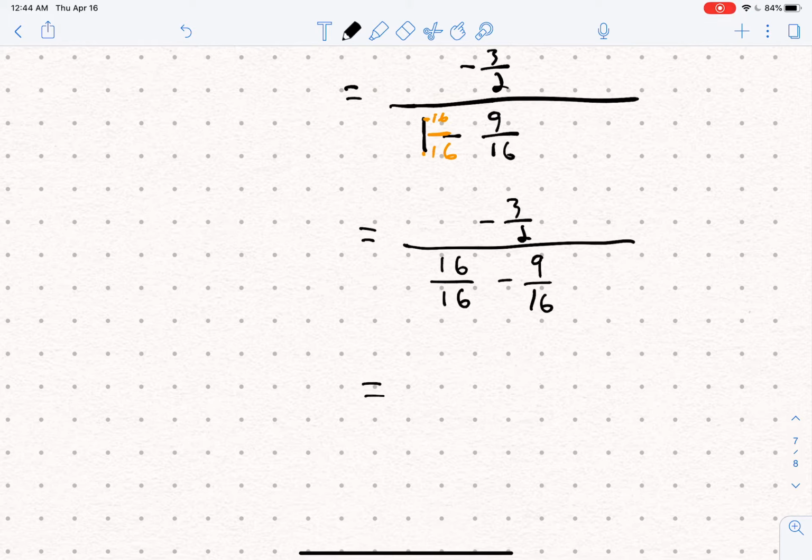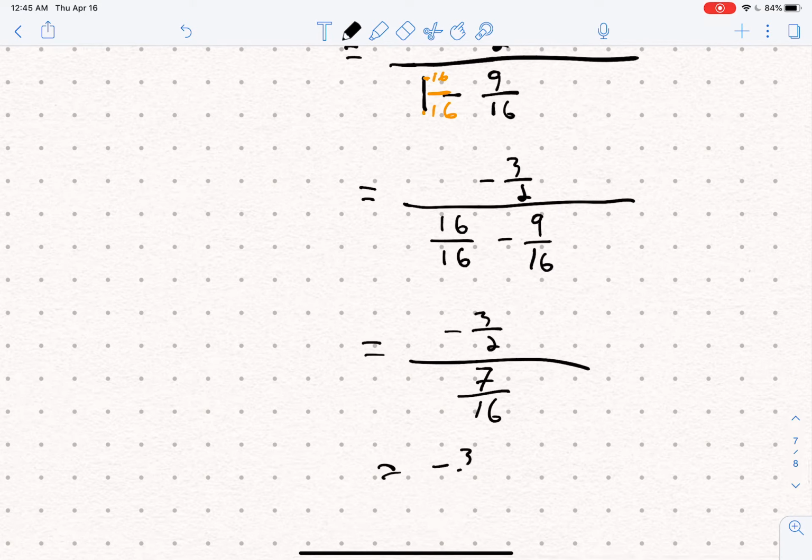Combining the bottom together, this is negative 3 over 2 over, and 16 minus 9 over 16 is 7 over 16. Now this is still messy, but it's looking a little better. We now have a fraction divided by a fraction, and we can simplify this by bringing this up to the top and flipping it over. So that's going to look like negative 3 over 2 times, when we flip it over, 16 over 7.